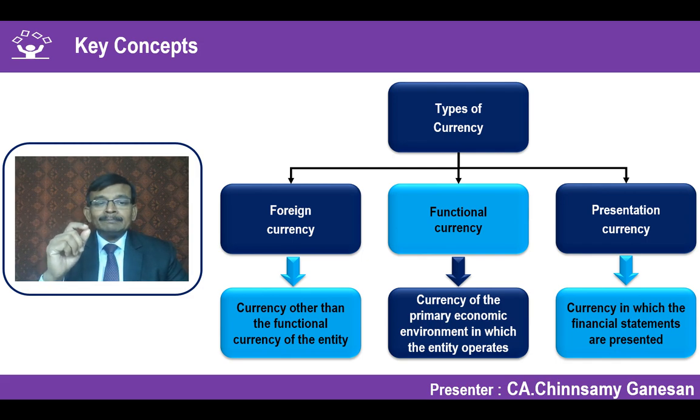Third is the presentation currency, which is nothing but the currency in which the financial statements are presented by the entity. Between the foreign currency and functional currency, if there are differences, that impact we call remeasurement. And when we are talking about the difference between functional currency and presentation currency, we call that translation. So we are clear up to this point.